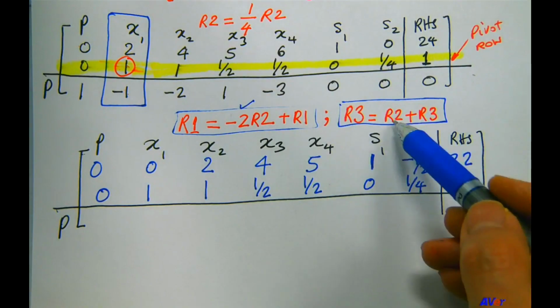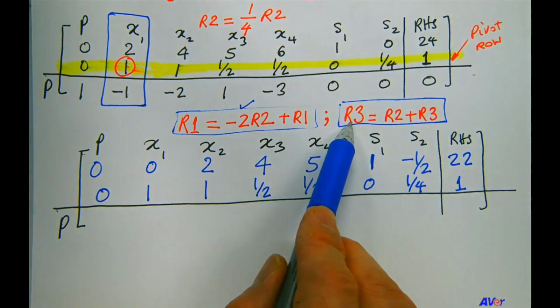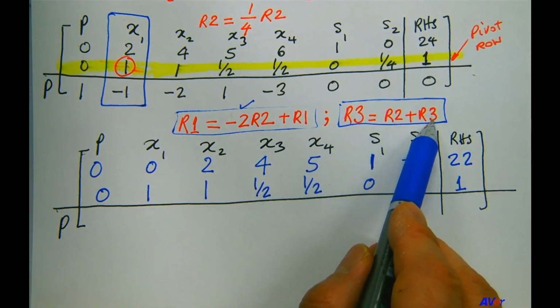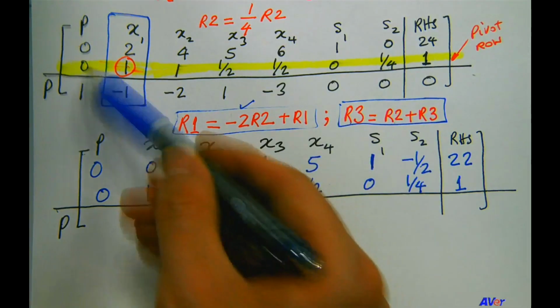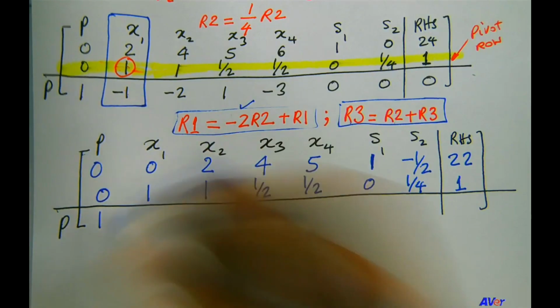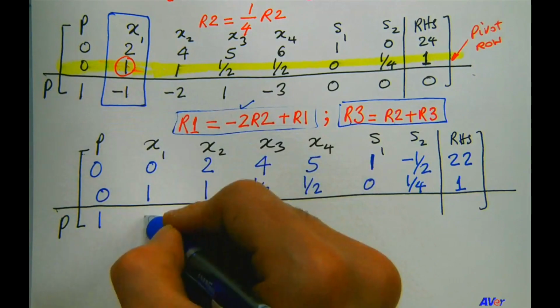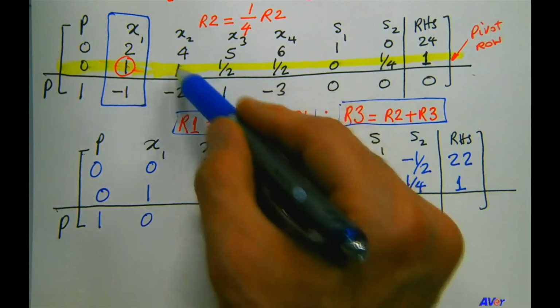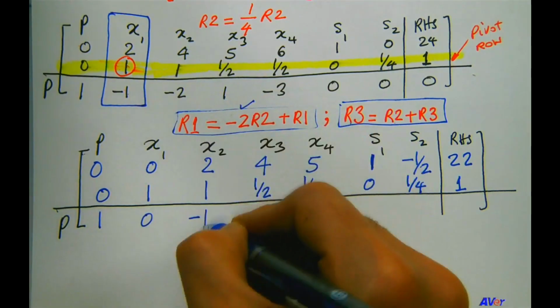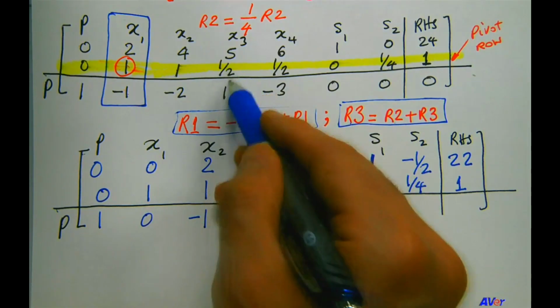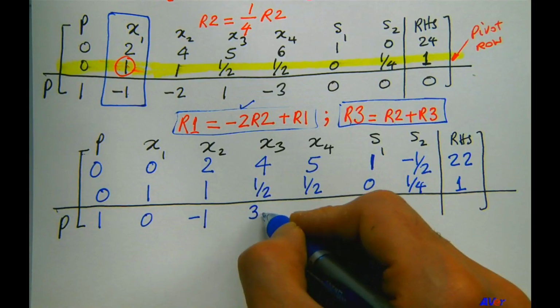This is saying to replace row 3: add row 2 to row 3. So let's do that. 0 plus 1, 1. 1 plus negative 1, 0. 1 plus negative 2, negative 1. 1/2 plus 1, both positive, so we end up with 3 halves.